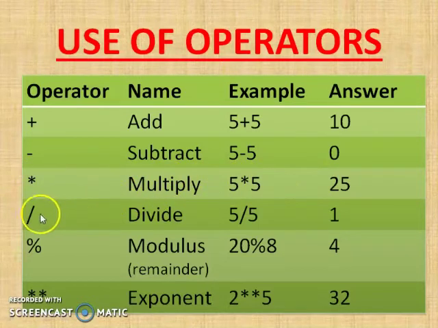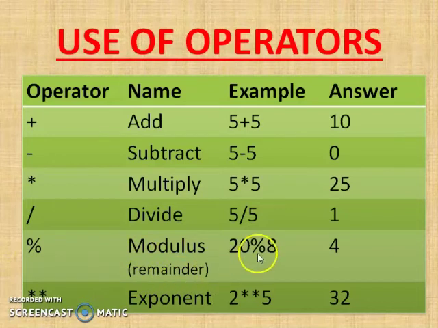The next one is divide. Forward slash is used for division, and when we use this forward slash it will give us the quotient as an answer. And this is the percent sign and it is called the modulus sign in the language, and it returns the remainder when we divide two numbers.